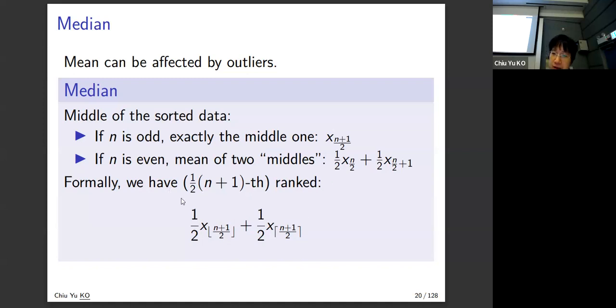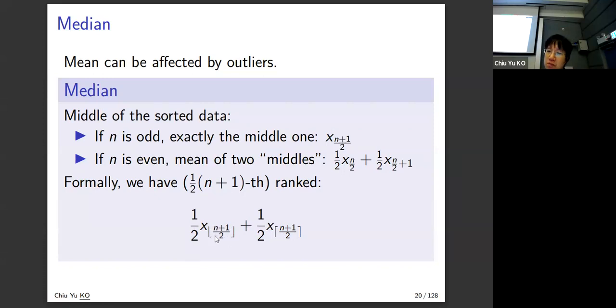Look at this. When you look at n plus 1 over 2, use the floor and the ceiling. When n is odd, n plus 1 is even, right? Even over 2 is still an integer. So these two are exactly n plus 1 over 2. So exactly this formula. But when n is even, n plus 1 is odd, right?